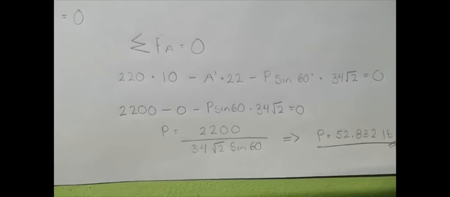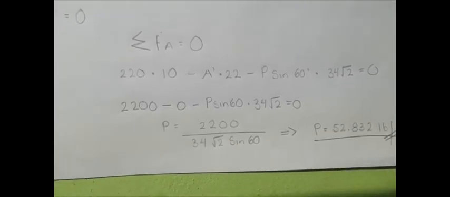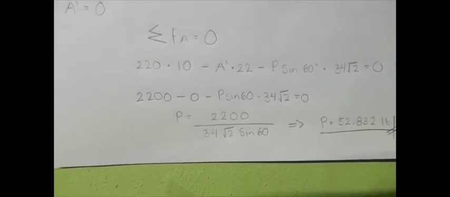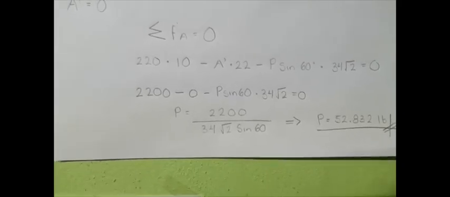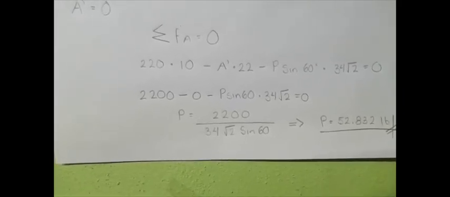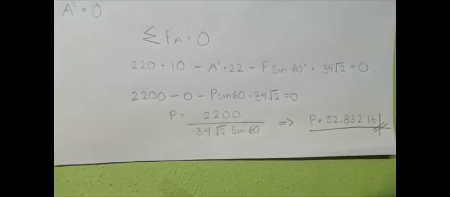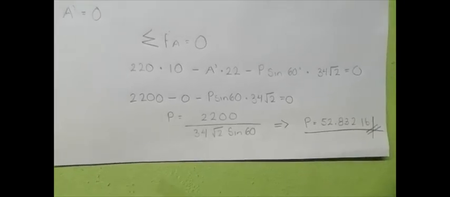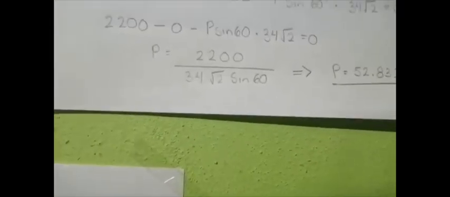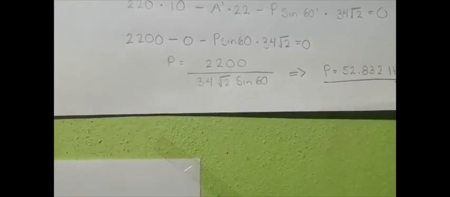Using that equation given by my partner, we finally got that P is equal to 52.832 lb. So we got the summation of moments at A equal to 0, and we got the force P, that is the force the person is applying.